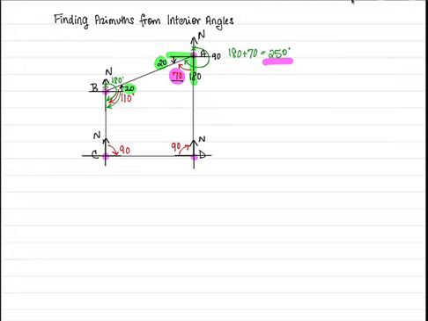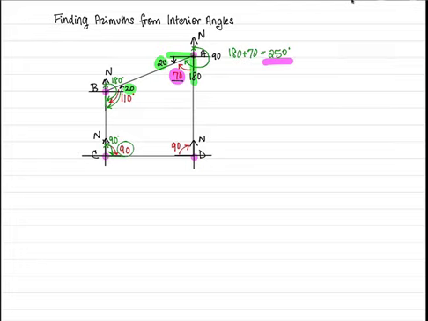The next azimuth starts from the north line and goes down. In this case, it's going to be the same as the internal angle, so 90 degrees.